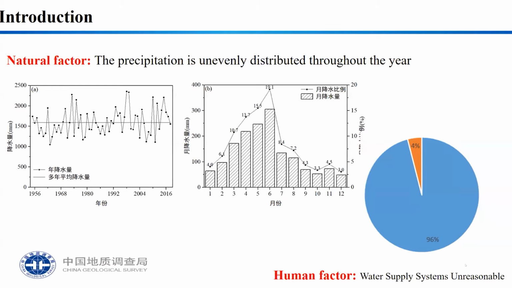Urban water supply mainly depends on the surface water of Ganjiang River, which accounts for 96% of the total water consumption. We can see from the figure that the precipitation is unevenly distributed throughout the year. Moreover, the precipitation varies greatly between years.